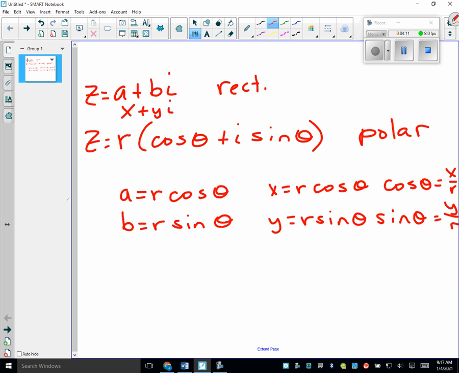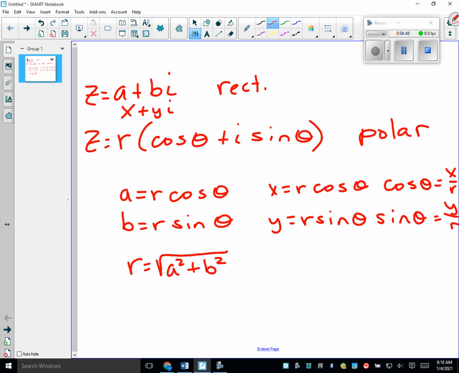Okay, so it's kind of all starting to come back a little bit, right? Another thing, I don't know if you realize or not, but r is equal to the square root of a squared plus b squared. Does that make sense to you, Pythagorean theorem? Now, one last thing to see if you remember.